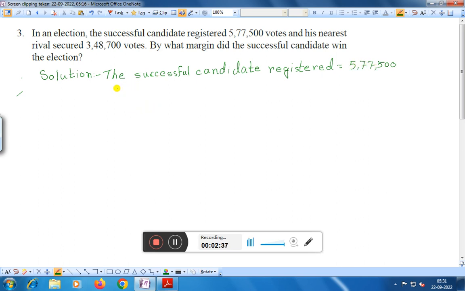And his nearest rival secured 348,700 votes. That means we have to subtract this number, right?